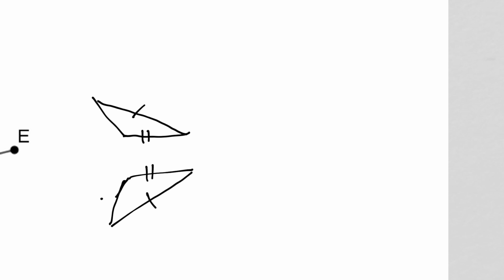Now, if I give you the 3rd side, then we could use SSS. But there's another thing you could have at this point, which is an angle, but not just any of the 3 angles. Specifically, if this angle between the 2 sides is congruent to that angle, then we can say the triangles are congruent by what's called SAS.